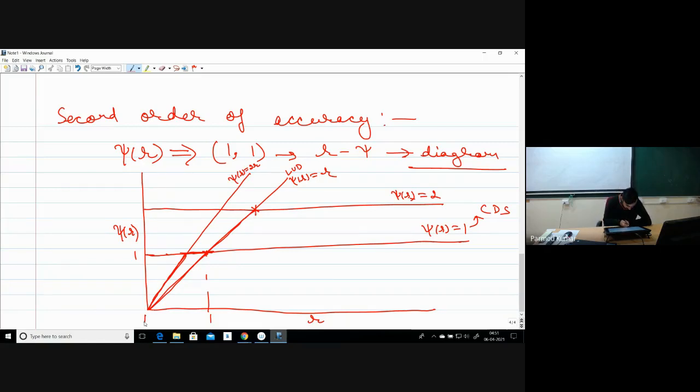Say I am naming this as A, B, C, D, E, say over here F and G. Can you now tell me what will be the region where I will be having both stability and, sorry, second order accuracy ensured? Both conditions I want to ensure.